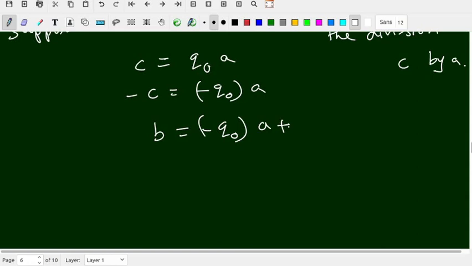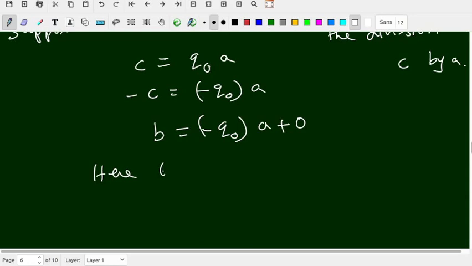Here the quotient is minus q naught, where q naught is the quotient of the division of c by a, and the remainder is the same as r naught.